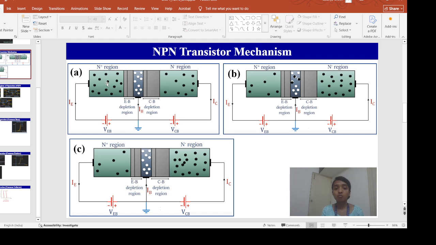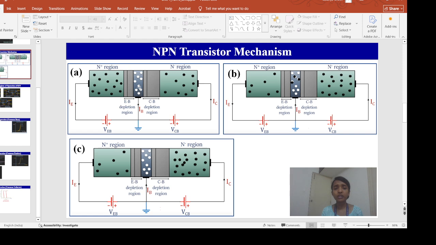So most of the electrons diffuse towards the collector terminal, but only very few electrons will have the chance to flow out of the transistor through the base region. That is because the base is a thin and lightly doped region, and it offers large resistance to the charge carriers.